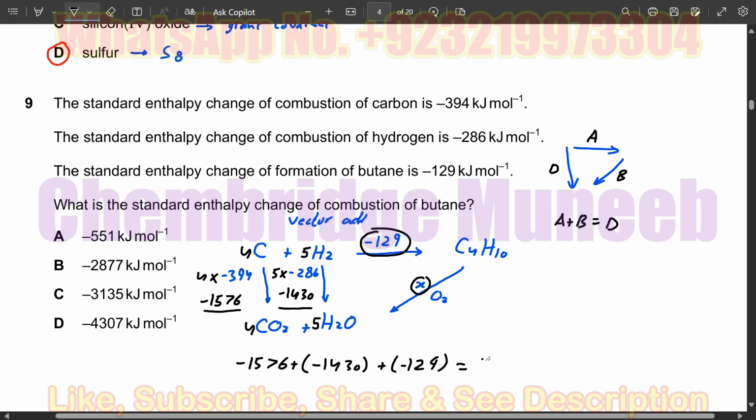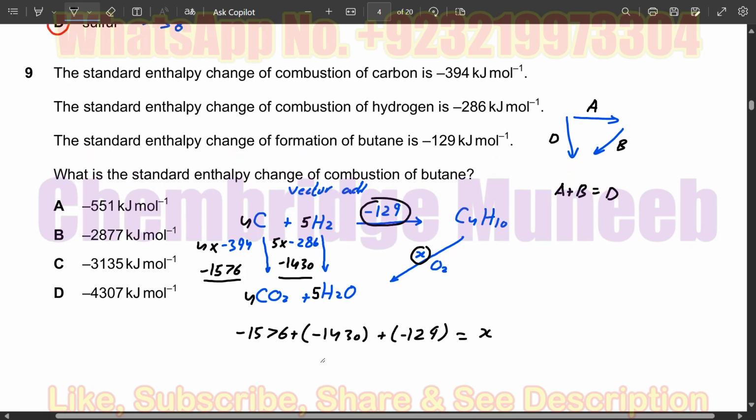X is the resultant vector here. So if you do the calculation, you will get the answer. X will become minus 2877. So minus 2877 is the right answer.